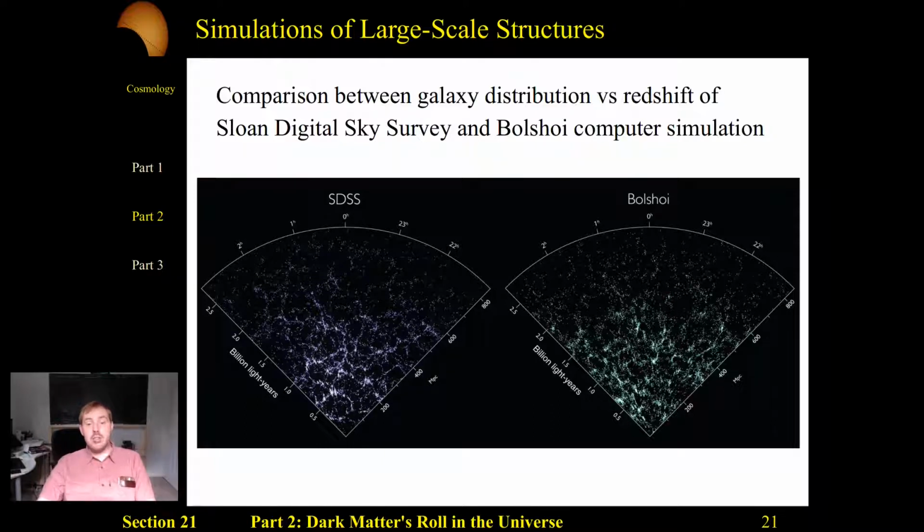So reasons like this, an image like this, makes us feel very confident that these models we've created are based on laws of physics that we think we understand. And to test these models, we compare them with the actual data. And so our simulations seem to recreate what we actually observe in the universe.